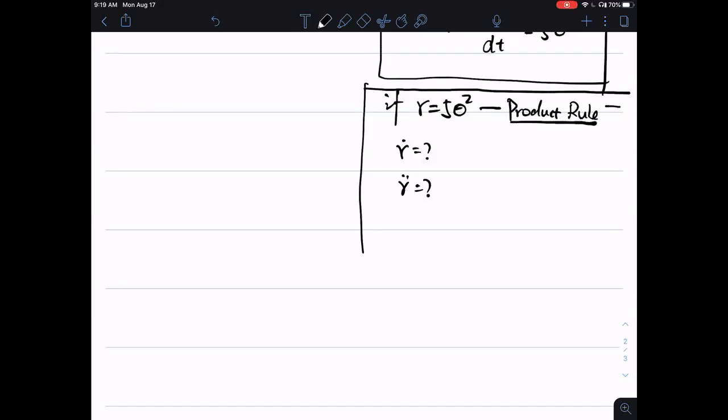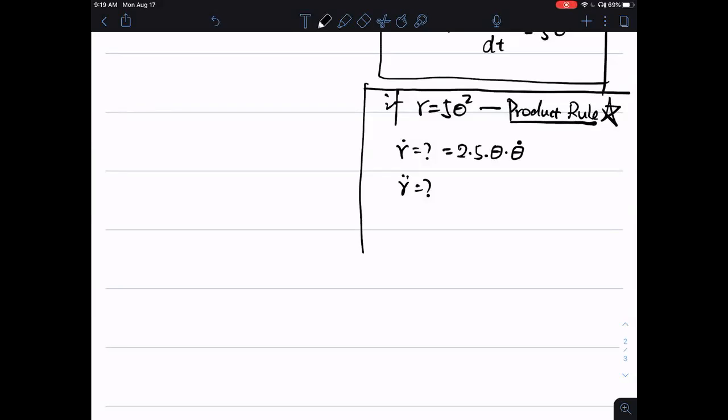That is important to solve this. Go back home to review the product rule. But now I can tell you the answer. So r dot is going to be 2 times 5 times theta times theta dot.